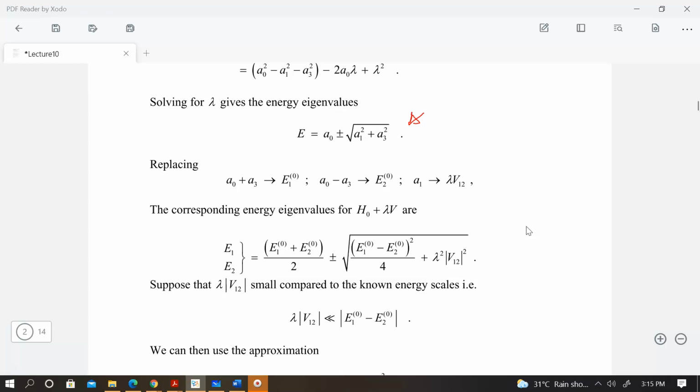The way we do this is to think of this term as much bigger than this term. In other words, we have this condition that one needs in order to make perturbation theory valid.